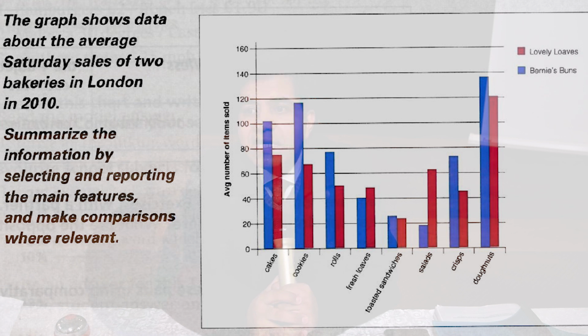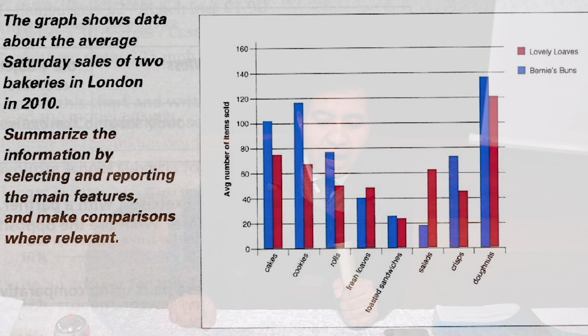So it means when you start the body of your report, first you will talk about donuts. In comparative graph, you need to start from the highest, the second highest, or the most popular, second most popular, third most popular, and if the data is very large, then you can pick up few things from there. If the data is small, like this one, then you can define all of it.